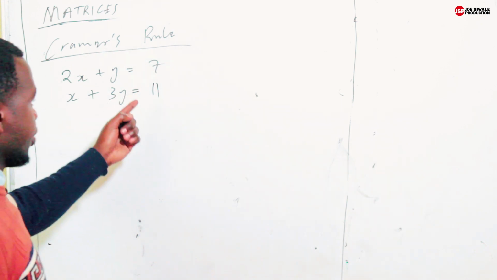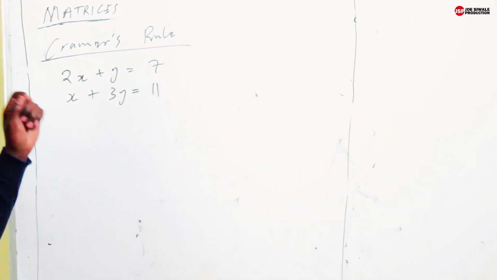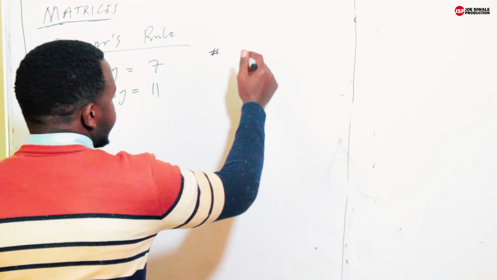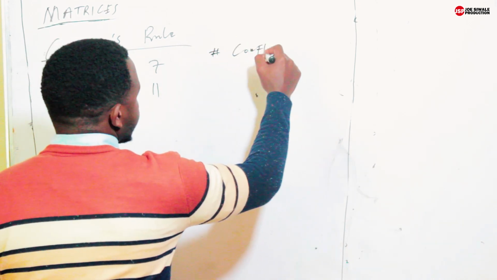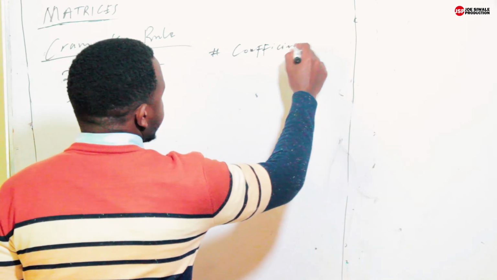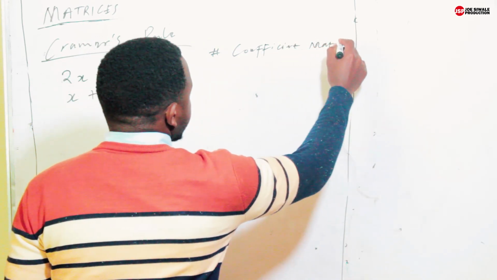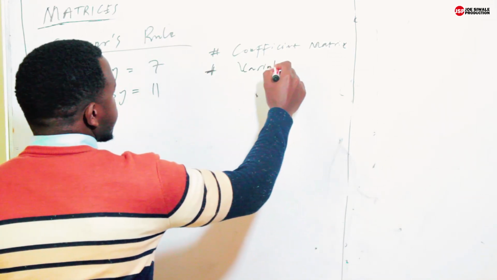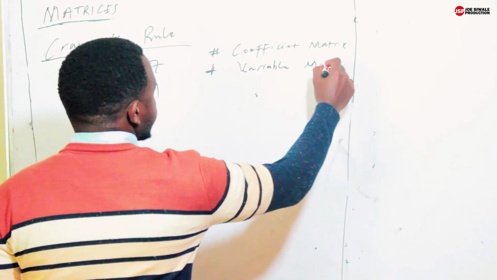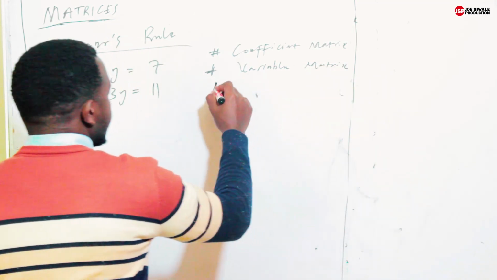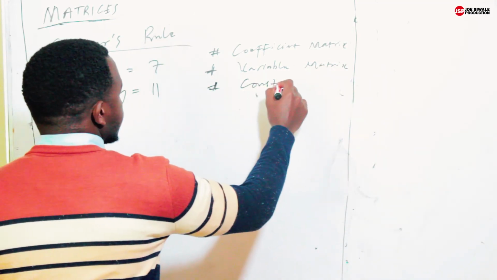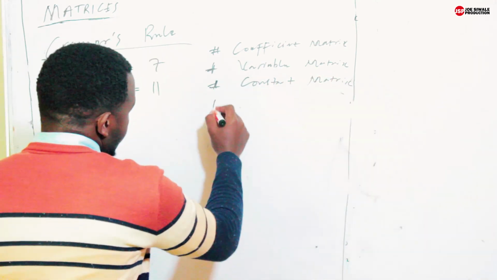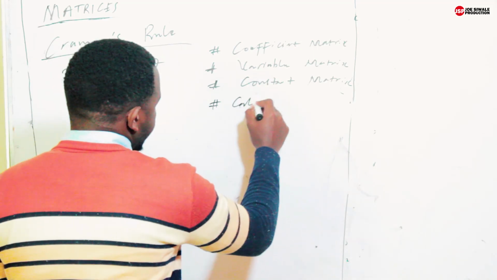For you to use Cramer's rule, you also have to understand these three things: the coefficient matrix, the variable matrix, and the constant matrix. You also have to understand how to calculate a determinant.